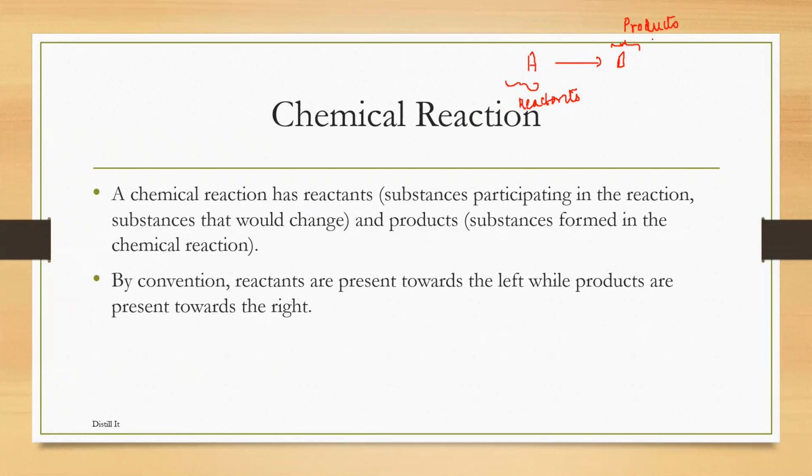Reactants are basically substances that are participating in the reaction, and the substances that would change. And products are the substances that are going to be formed in a chemical reaction. So by convention, we write reactants towards the left and products towards the right.